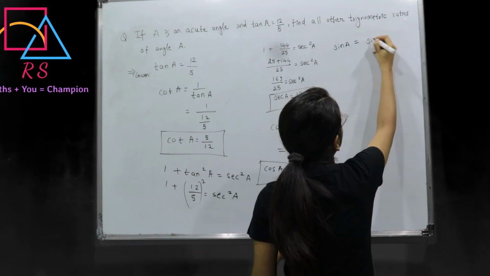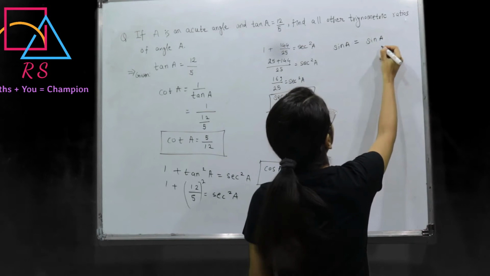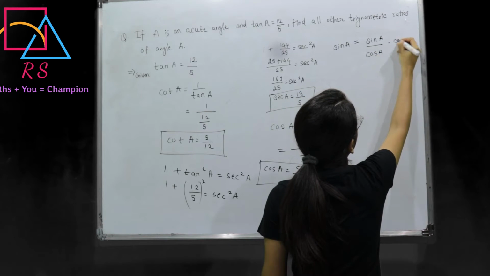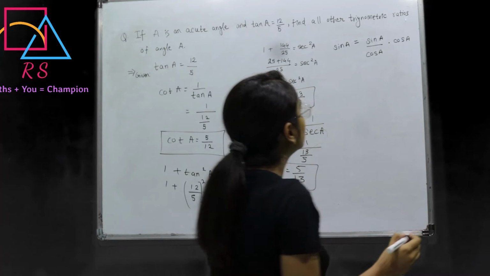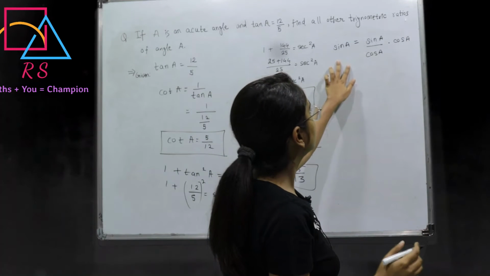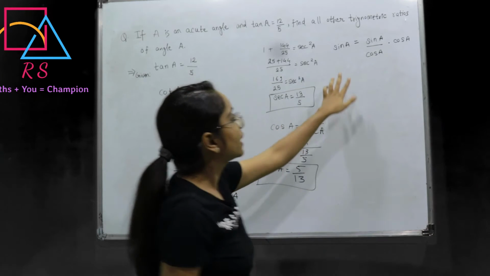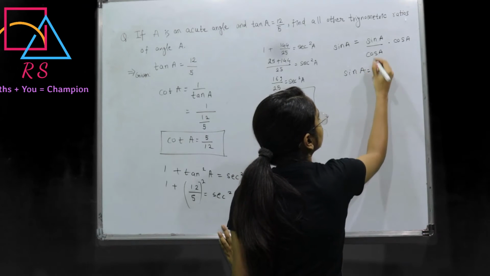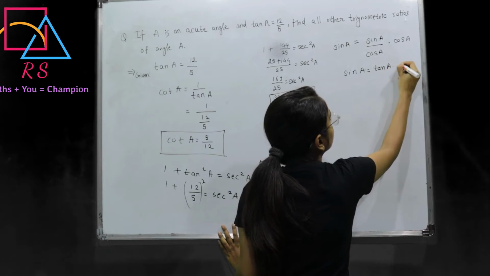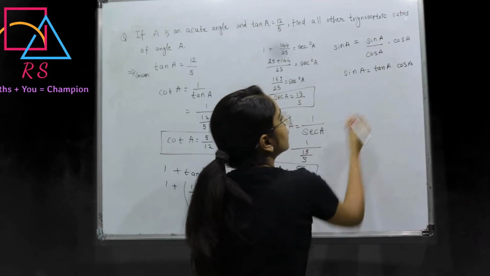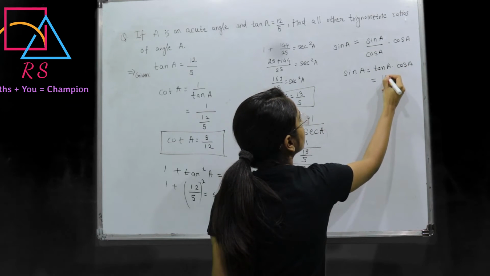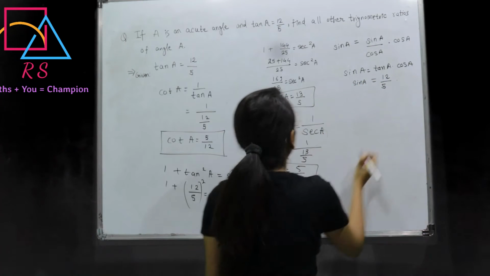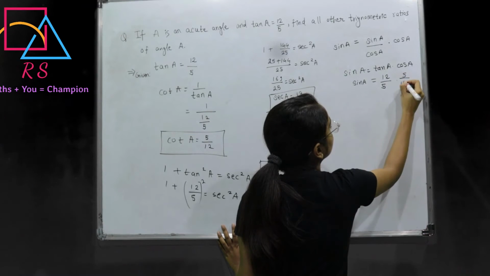So sin A, we can just multiply and divide the value of sin A upon cos A into cos A. We have to find the value of sin A. So we can just multiply and divide, and we can get sin A equals tan A into cos A. So here we know the value of tan A as 12 upon 5, and cos A we know also, 5 upon 13.